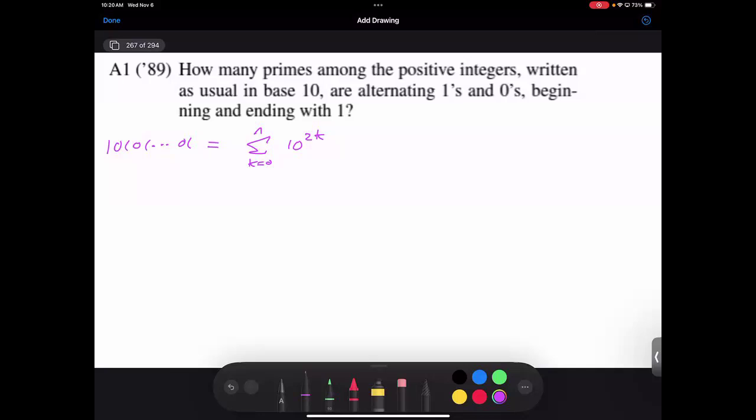What can you tell me about that sum? So this is just a finite geometric series. So this is going to just be 10 to the 2n plus 1, minus 1, over 10 squared minus 1, if I've done everything correctly.